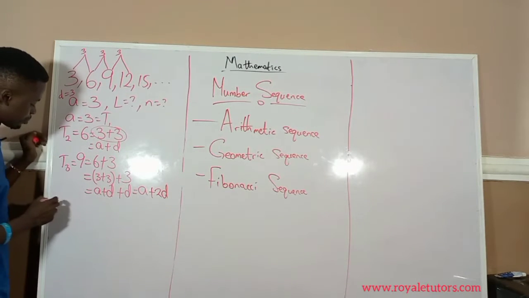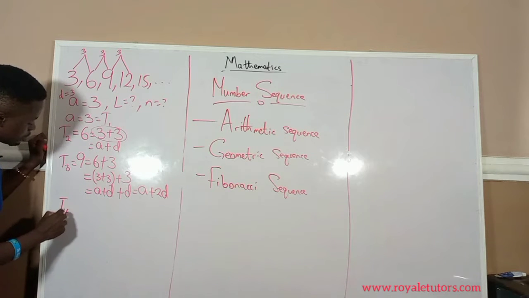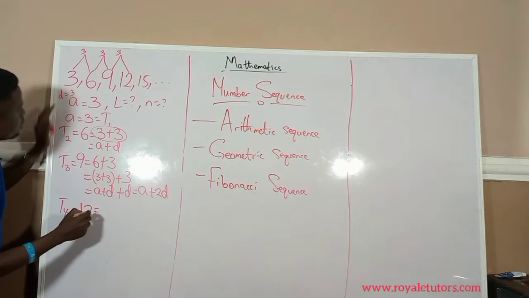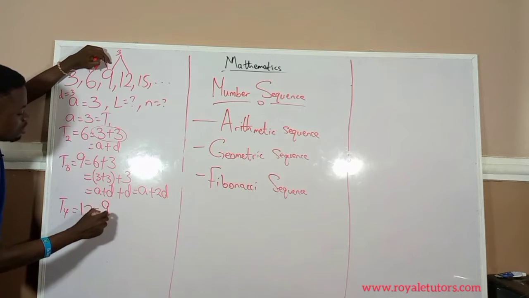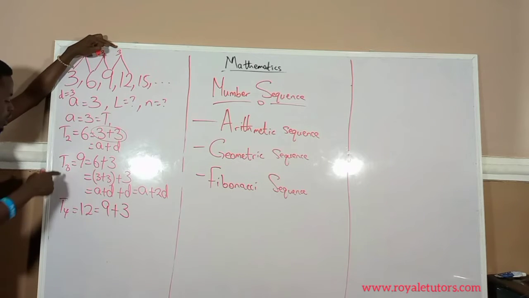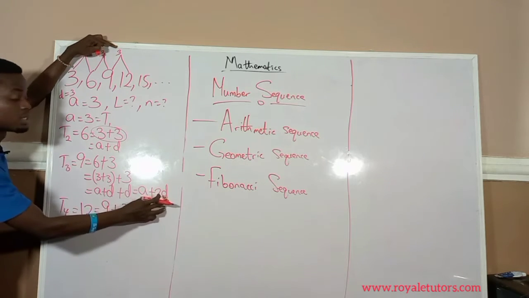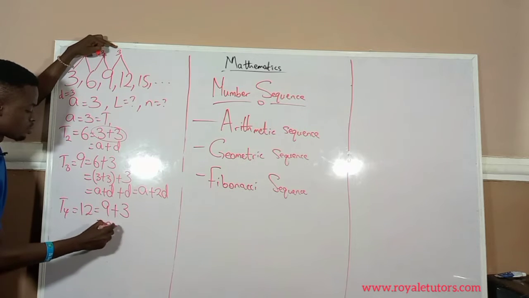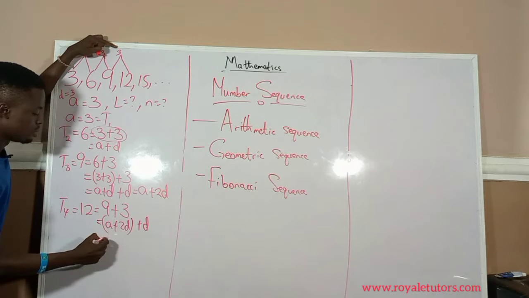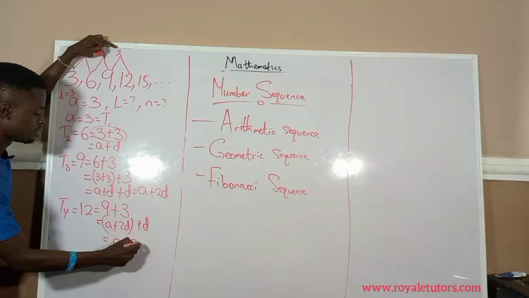Now let's continue. The fourth term is 12. This can be written as the previous term plus the common difference. Don't forget, the previous term, which is 9, has been written as a plus 2d. This is added to d, so you'll have a plus 3d.